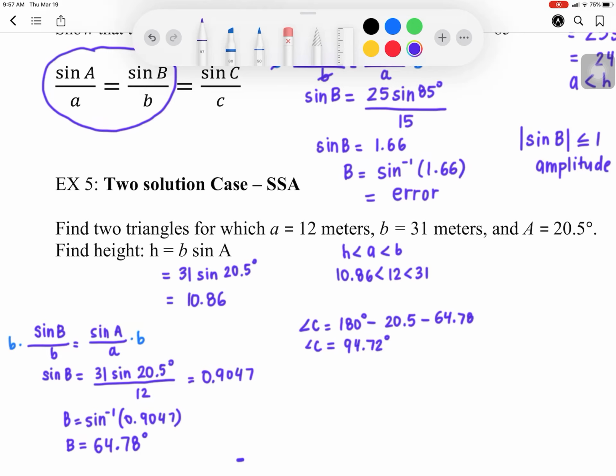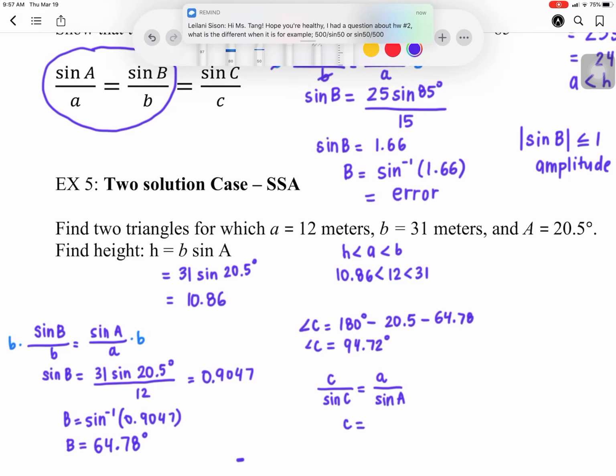What is left to find? You've got to find side c. So here I'm going to do side c over sine of C. Whatever you want to find, you want that to be in your numerator. And you could use a over sine of A. And I'll leave you to verify this. It should be 34.15. What are our units? Meters.